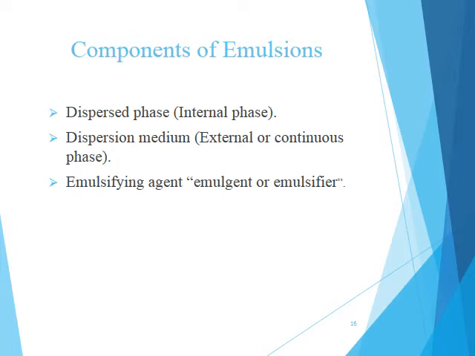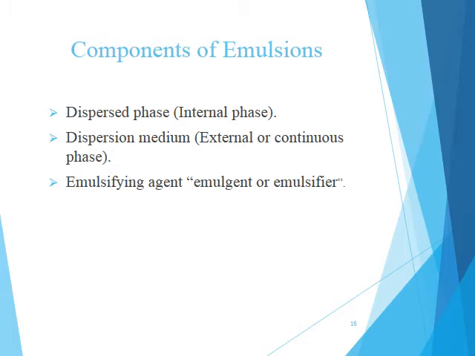So the agent responsible for the promotion of the emulsification process. These are the most important, general components of emulsions. This is, let's say, the non-medicated emulsion, or the principal components of the emulsion.